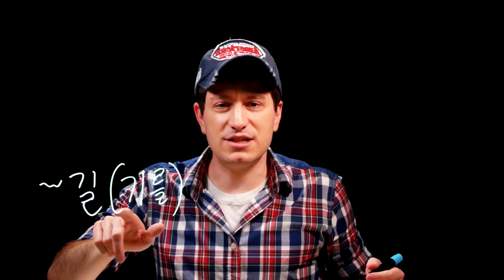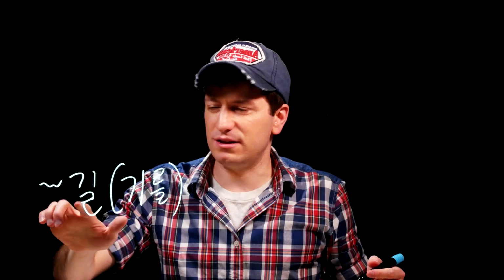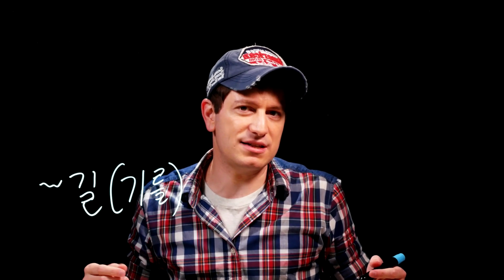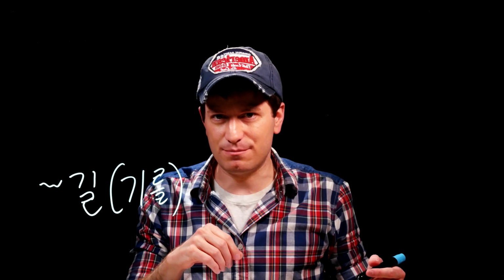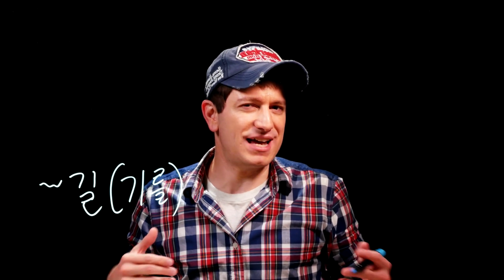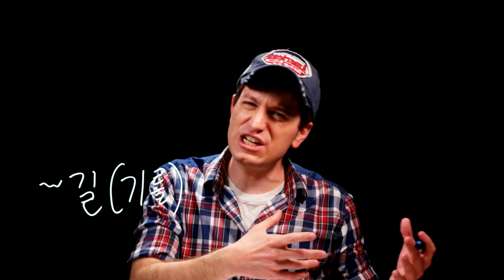A form you'll see a little bit more commonly in writing than in speaking is 길. Now, 길 is just a shortened version of this, but this one's more common, and the way it works is by attaching 길 after an action verb stem, followed by a verb that implies you hope or you wish something.